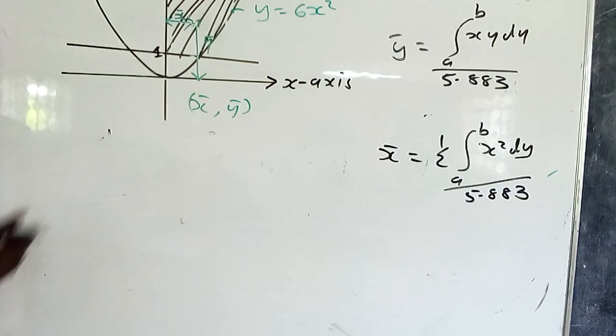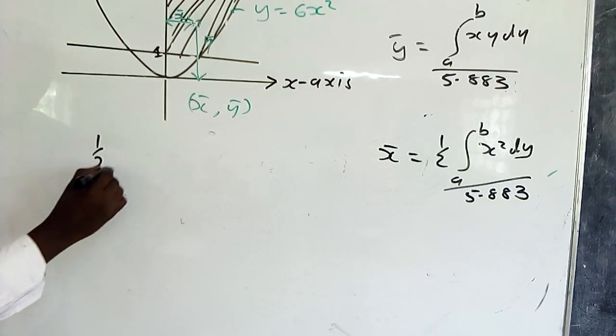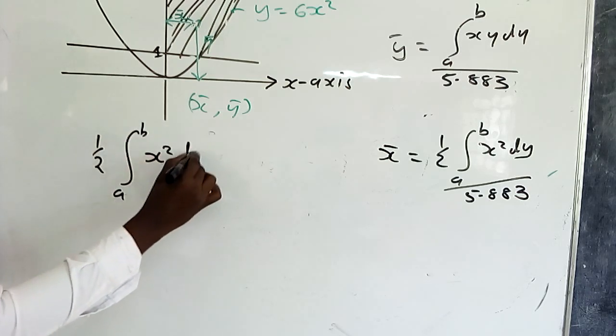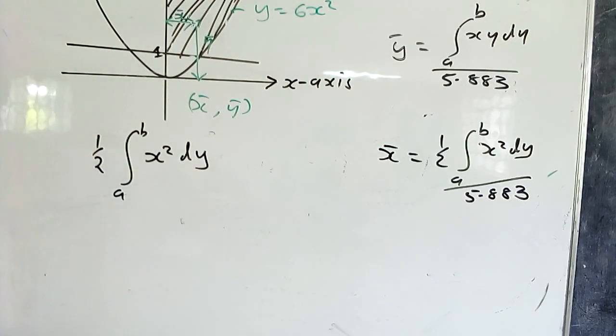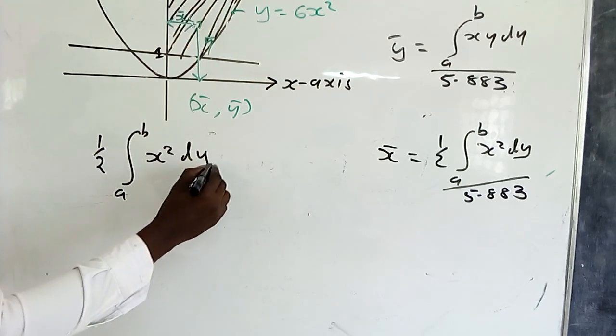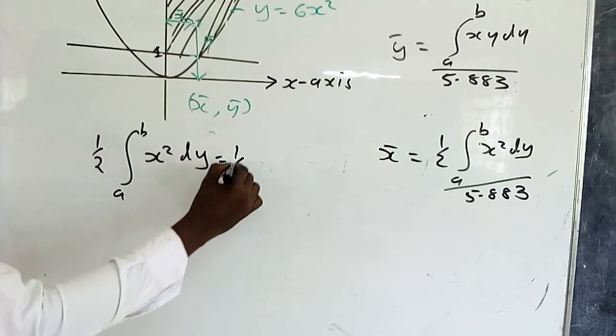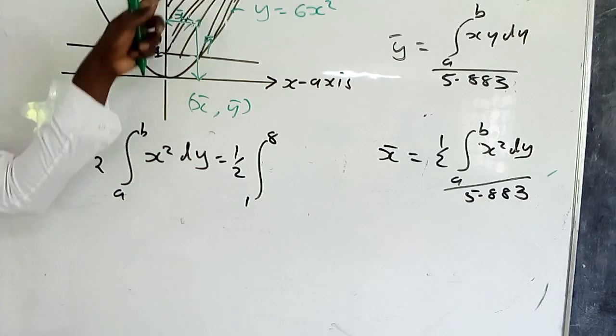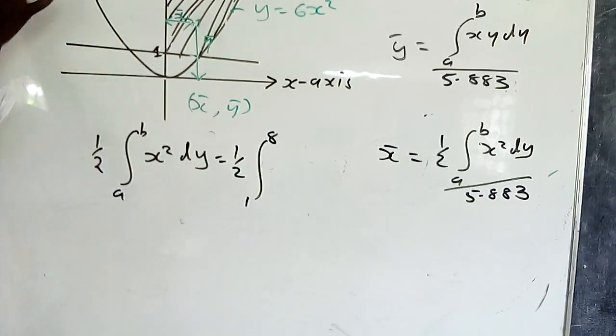So start. When you have a half, then you are integrating from a to b of x squared dy. You just substitute, isn't it? So this is equal to a half, and the limits a to b are 1 to 8. Then what is x squared? Check your function.